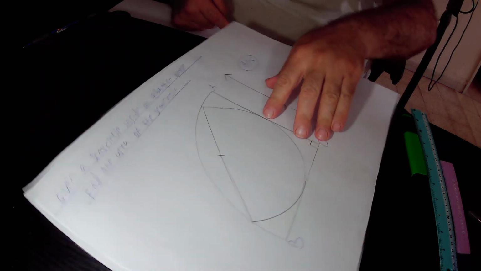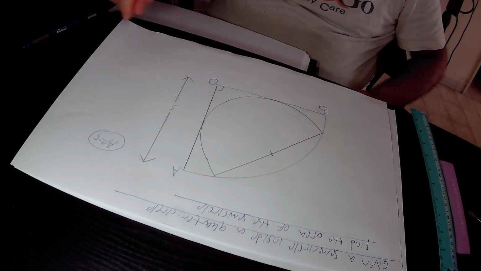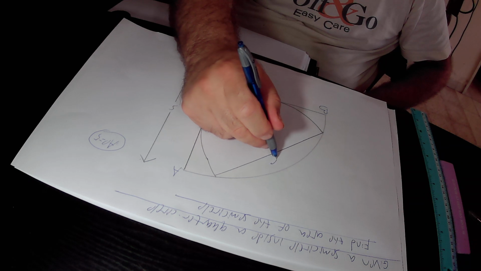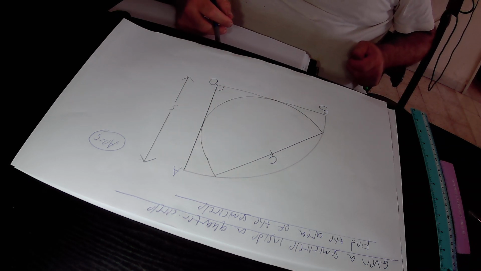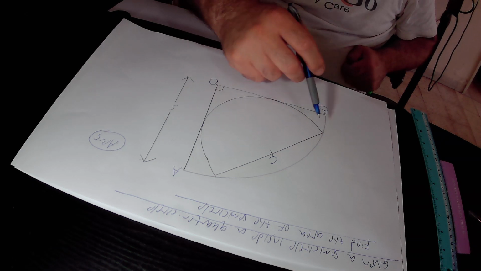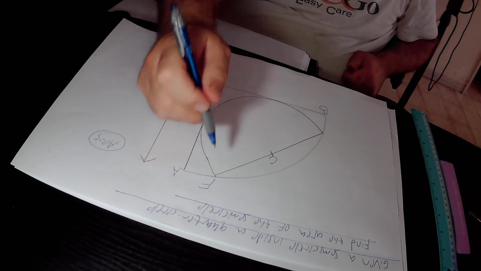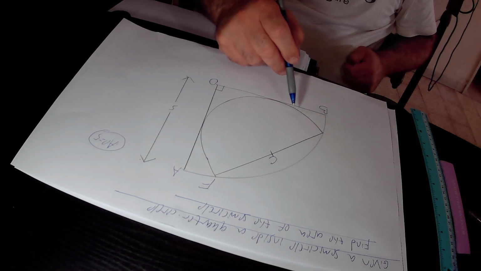So first of all, we'll define the center of this semicircle. This point is point C. Likewise, we will define the touching point of this semicircle with this quarter circle. This point is point F. We will define the second touching point of the quarter circle with the semicircle.